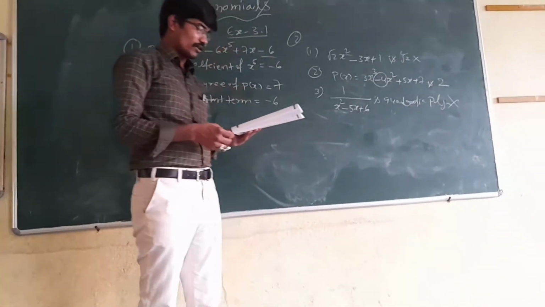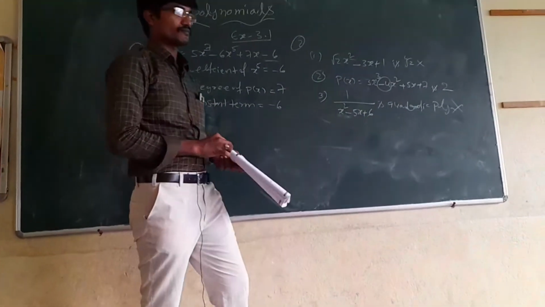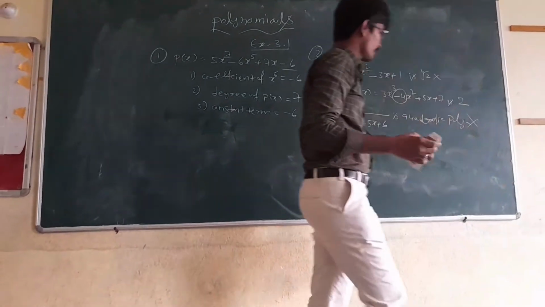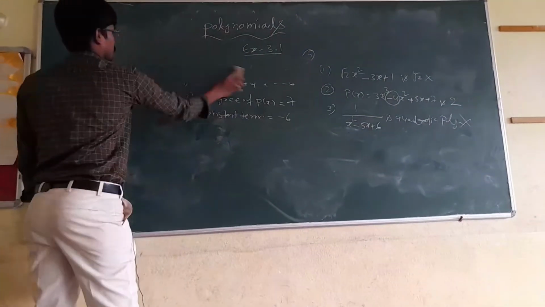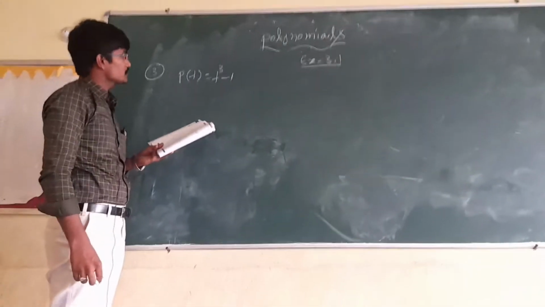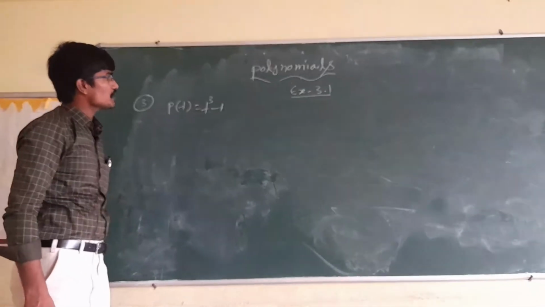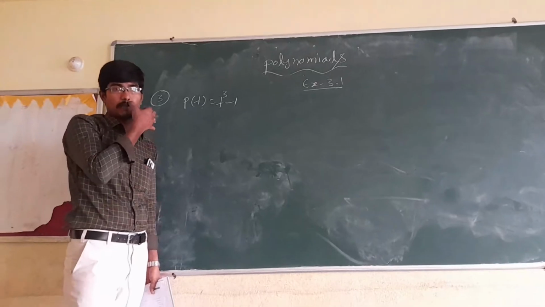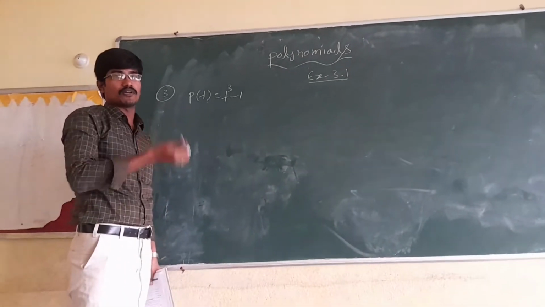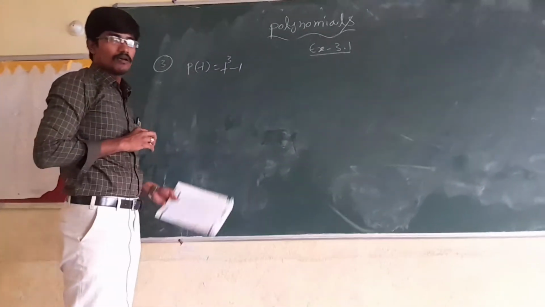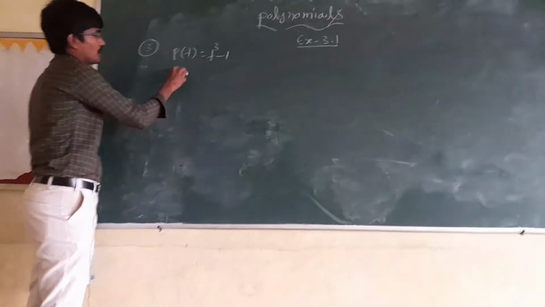Yes, we can see the third question. P of t is equal to t cube minus 1. Find the values of this. So this model also they will ask as one more question. We need to find the values of the polynomial. P of t is equal to t cube minus 1. First value is P of 1.